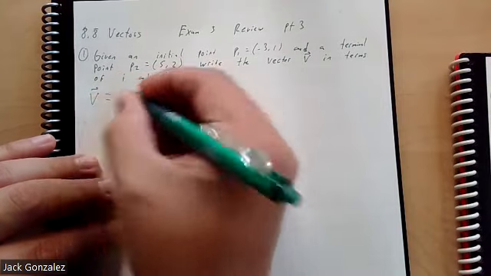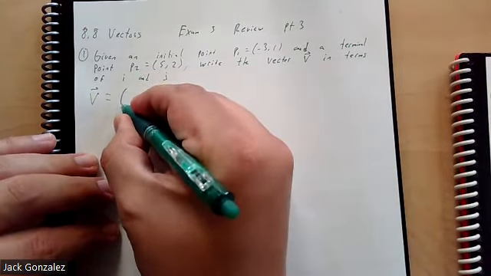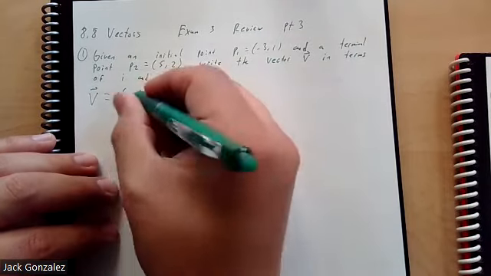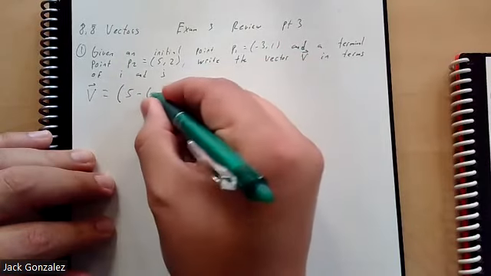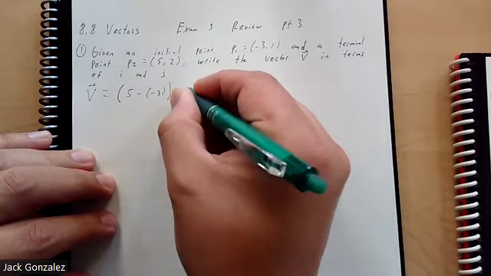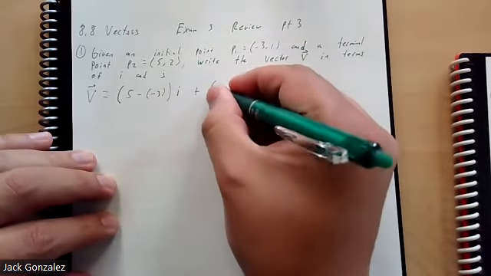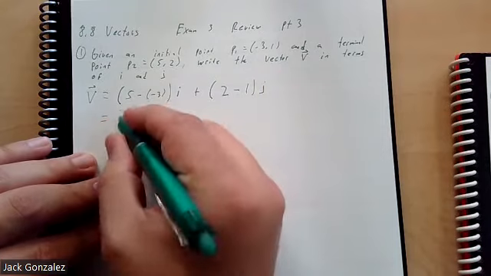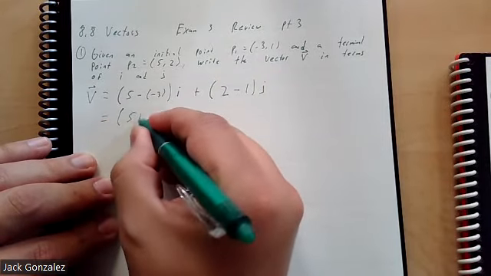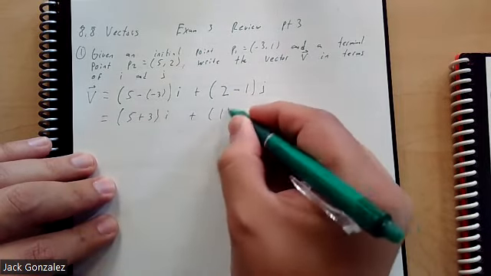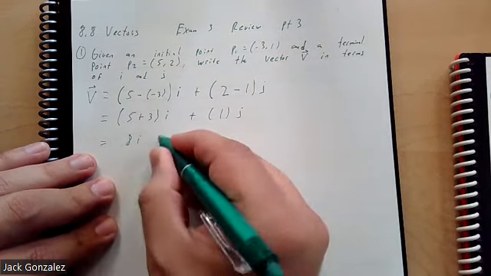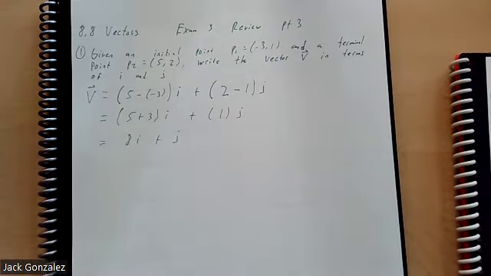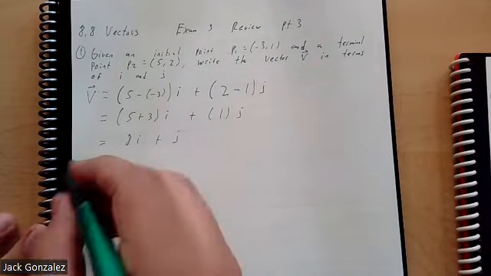Vector v will equal, you could write it this way if this makes more sense: the second point for the x minus the first point, and that result will have an i component, plus the final point for the j minus the initial, and that would be 5 plus 3 plus 1j. So the same stuff as before, it's just using the i and j. Nothing different. Any questions on number 1?